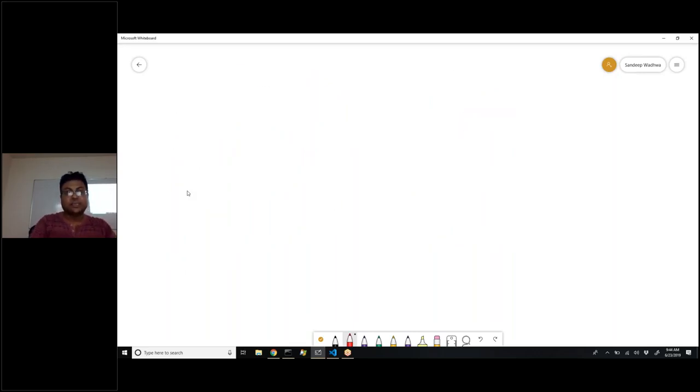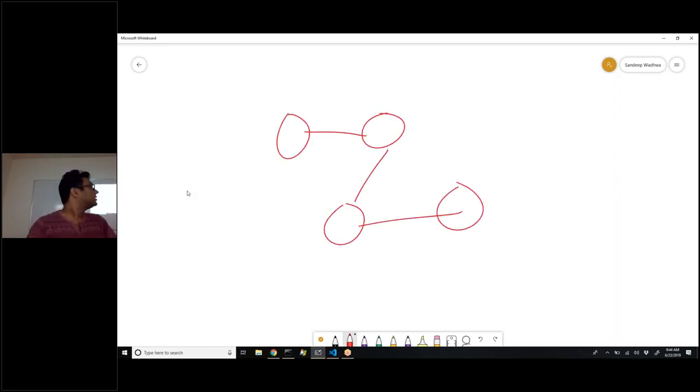Now in graphs, this graph that we are talking about is an unweighted graph where just vertices are connected to edges. Unweighted graphs are where we do not assign any weights to them. In real world, what will be a good example of unweighted graph?